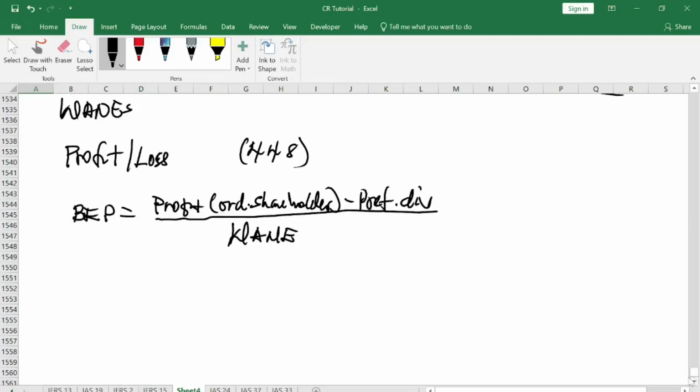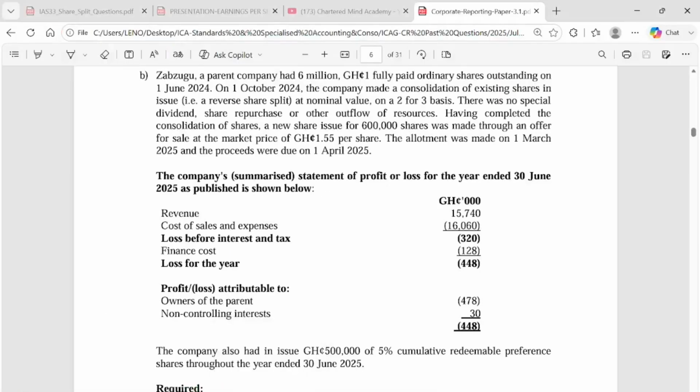Now, let us prove this here. Look at the profit or loss attributable to the ordinary shareholders. When we look at this question, we realize that the total profit, and this statement is a consolidated statement of a company. So for that reason, the profit or loss are combined between parent and subsidiary.